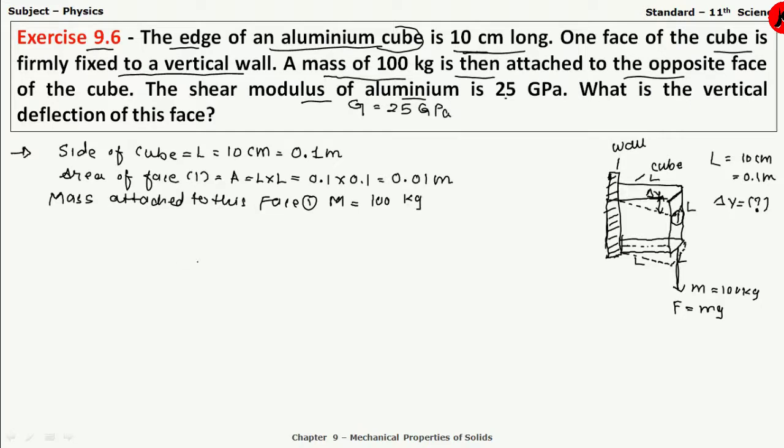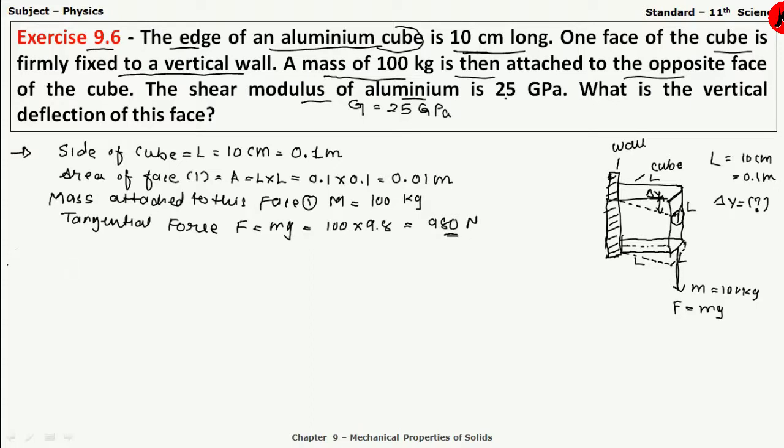So if the mass m equals 100 kg, then the tangential force F equal to mg, where the mass is 100 and the value of g is 9.8, right, which becomes 980 Newton. So the force F is 980 Newton, right.